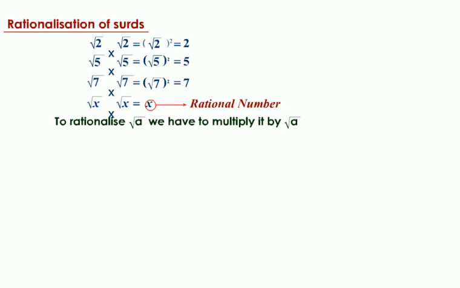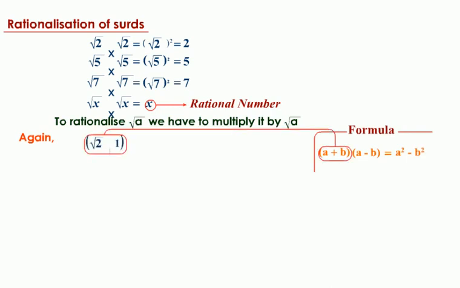Students, again we know that (a plus b)(a minus b) is equal to a square minus b square. So we can write (under root 2 plus 1)(under root 2 minus 1) is equal to under root 2 whole square minus 1 square, that equals 2 minus 1, equals 1.